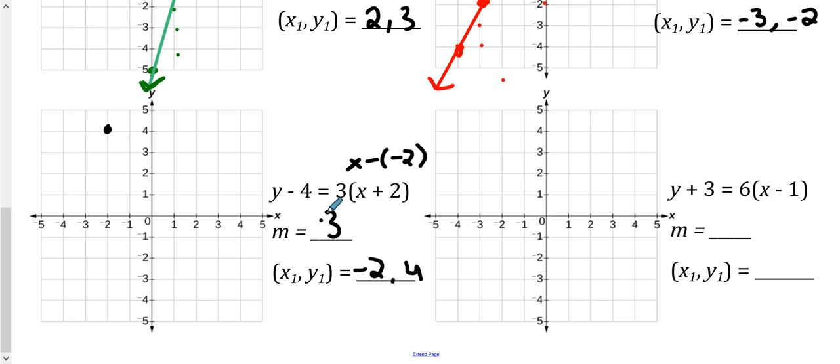I have a slope of positive 3. I don't really have much space to go forward, so I'm going to go backwards. I'm going to rise downwards 3 and run backwards. Rise downwards 3 and then backwards. There we go.